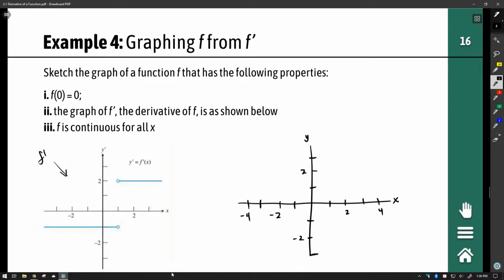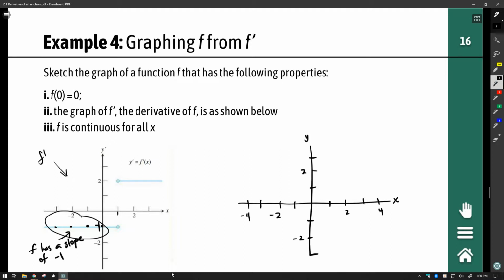The derivative seems to be -1 at all points up until, well, x equals 1. So if the derivative is the value -1, that means f has a slope of -1 at all of these points.